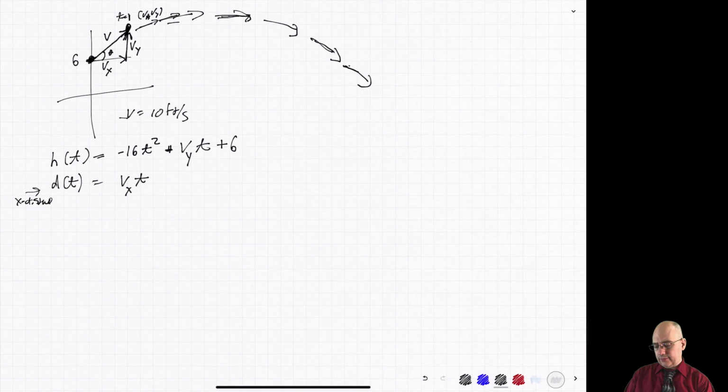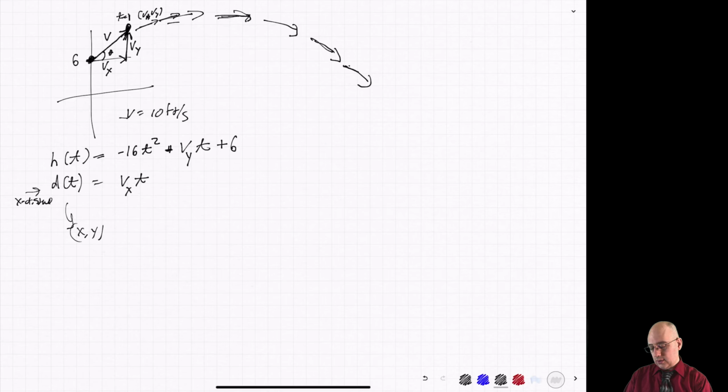Well, we could graph functions involving t, involving x and y. That's slightly complicated. So instead, what we want to do is convert this to an x and y kind of picture.